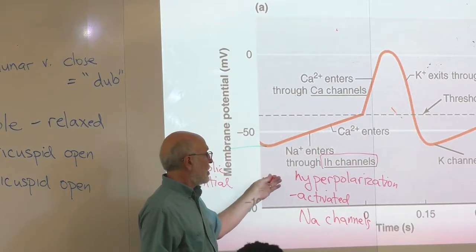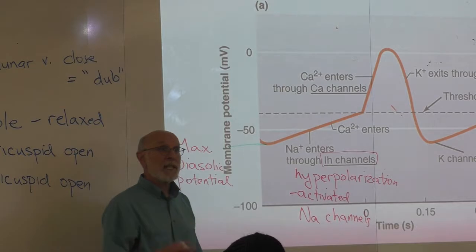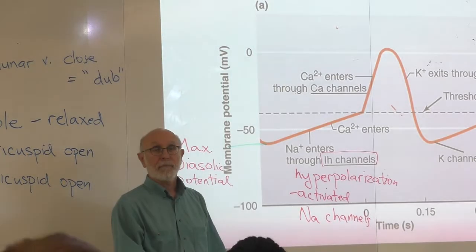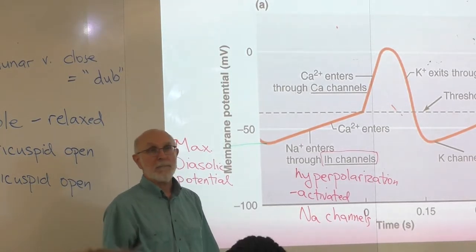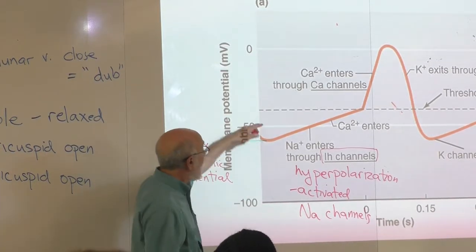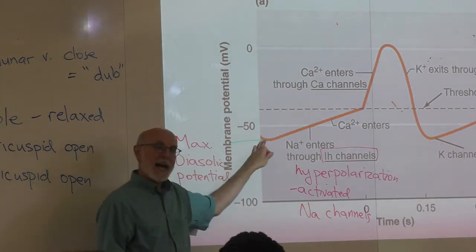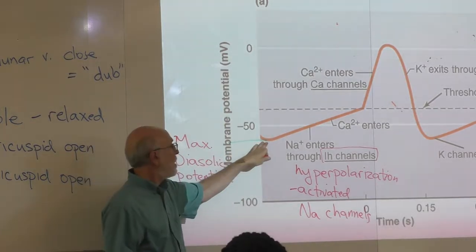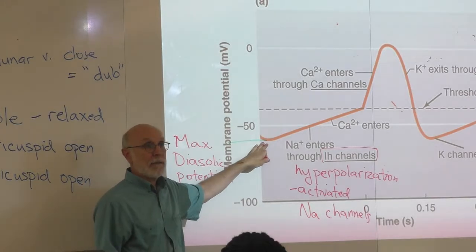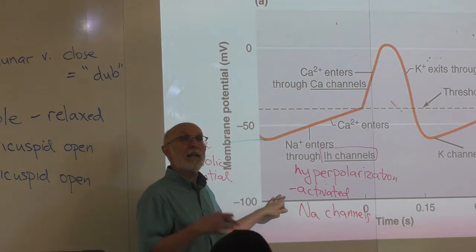IH channels are hyperpolarization activated sodium channels. They are expressed in pacemaker cells. They are not expressed in most cells. So the hyperpolarization caused by the potassium channels that brought the membrane potential down here, negative, opens hyperpolarization activated sodium channels.